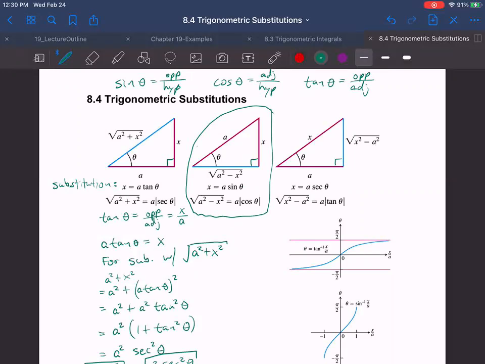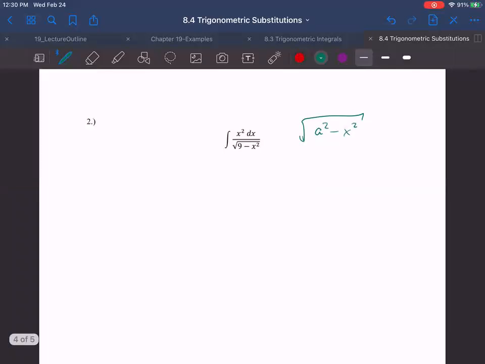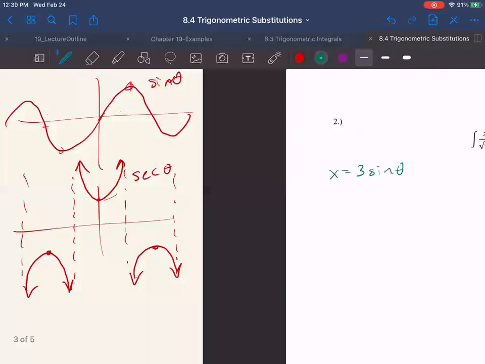Okay, so now we come back over here, and we're using a equals what? 3, good. And so x is going to be 3 sine theta. That was our substitution, right? 3 sine theta, or a sine theta.